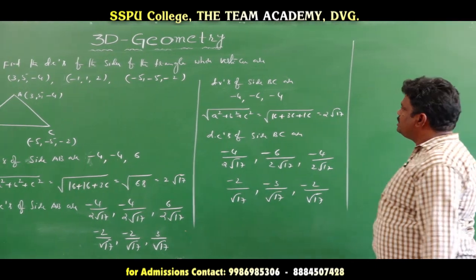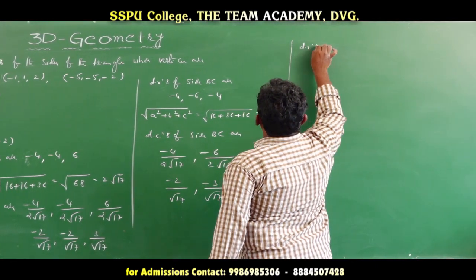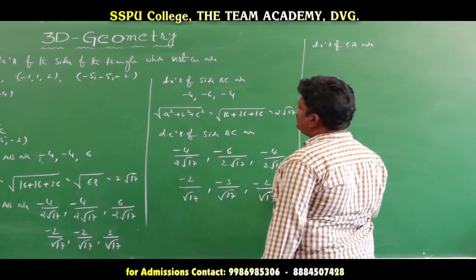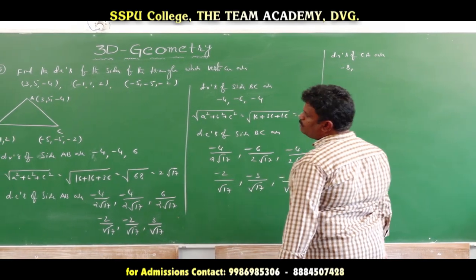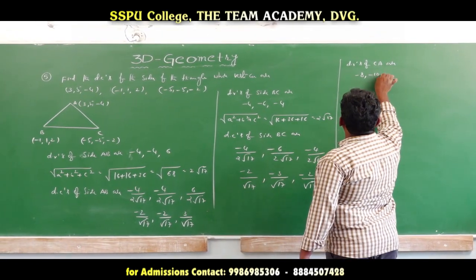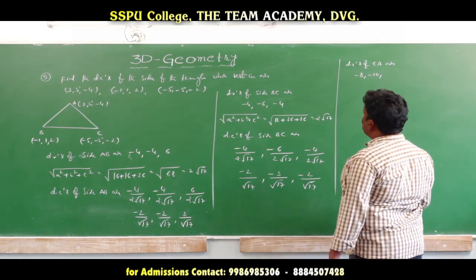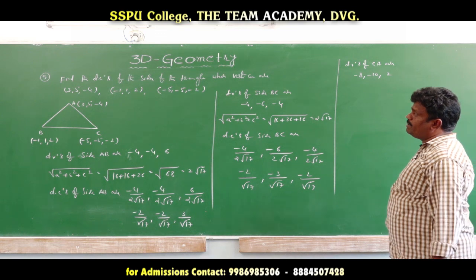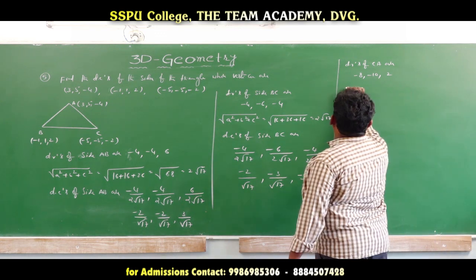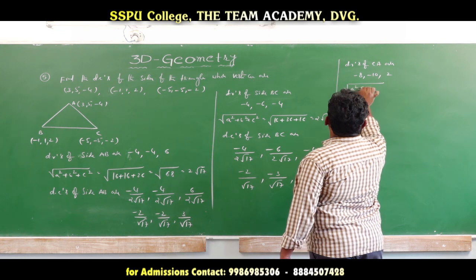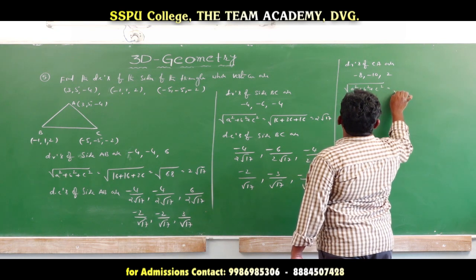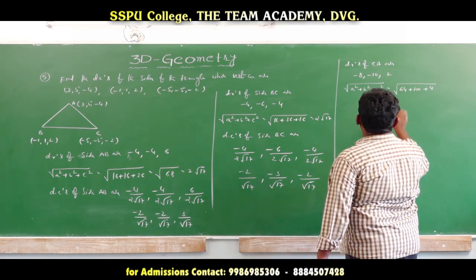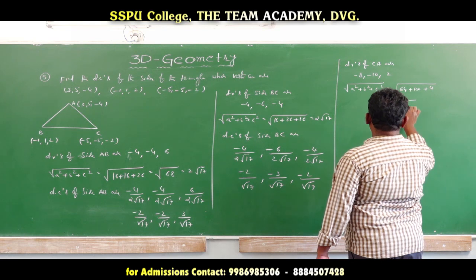If you want to find the direction ratios of CA: minus 5 minus 3 is minus 8, minus 5 minus 5 is minus 10, minus 2 plus 4 is plus 2. Next, the square root of A square plus B square plus C square is 64 plus 100 plus 4, which is 168.